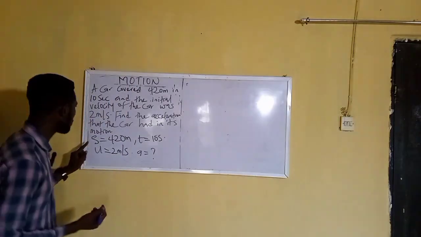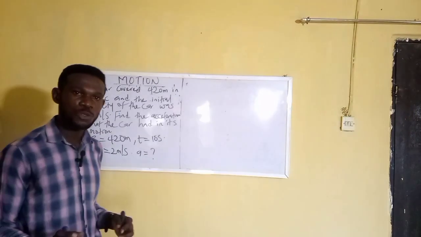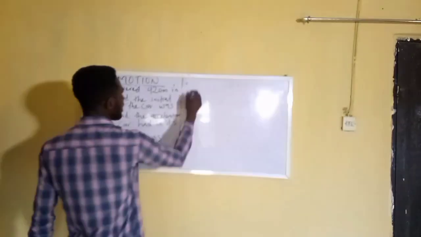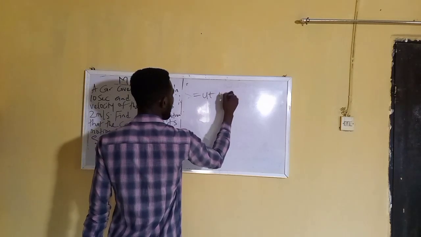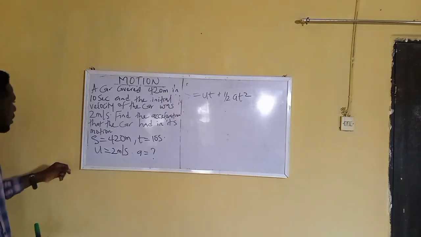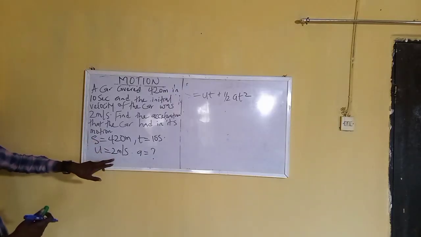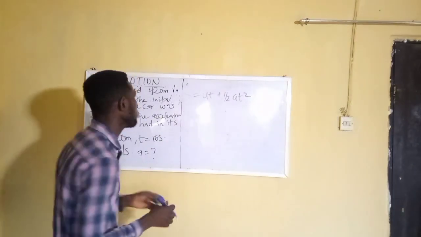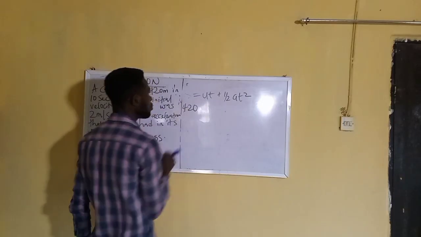Looking at this, you have S, U, T, and A. The equation that would perfectly fit is S equals UT plus half AT squared, because it has your S, your U, your T, and your A, which you're looking for.